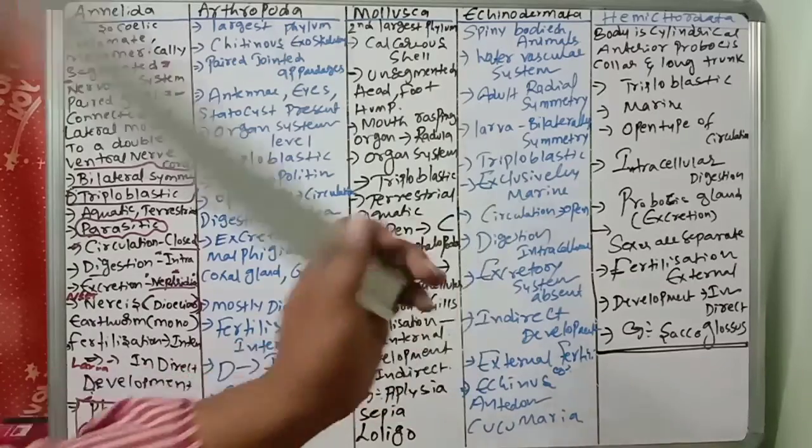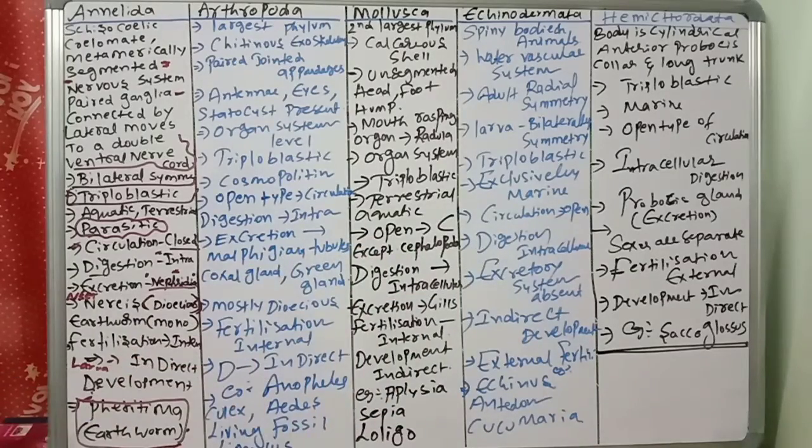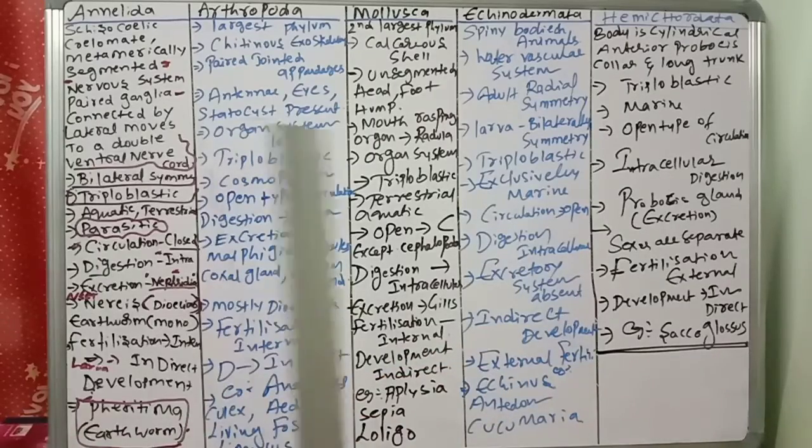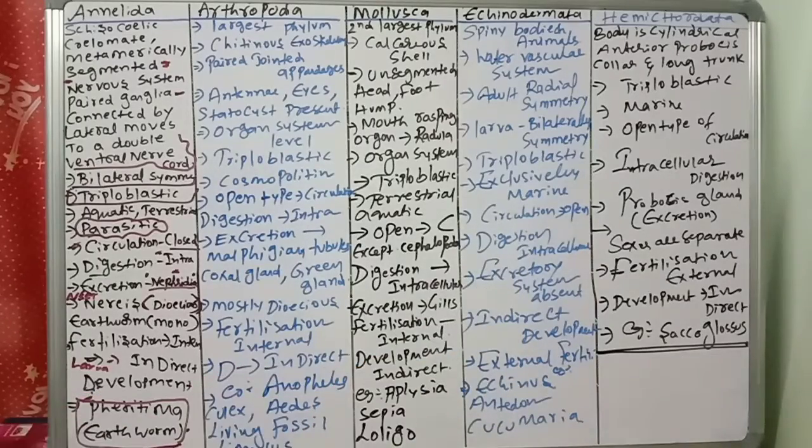They are exclusively marine. Circulation is open type. Digestion is inside the cell. Excretory system is absent. Indirect development, external fertilization. Examples: Echinus, Antedon, Cucumaria.